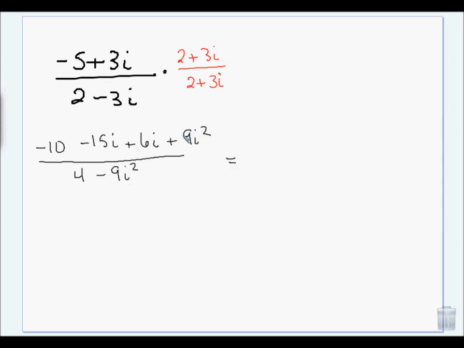So this is negative 9, right? Because i squared is negative 1, so that becomes negative 9. So I get negative 19. And then negative 15i plus 6i gives me negative 9i. And that becomes positive 9 down here, so that's over 13. Nothing is going to cancel, so we're done.